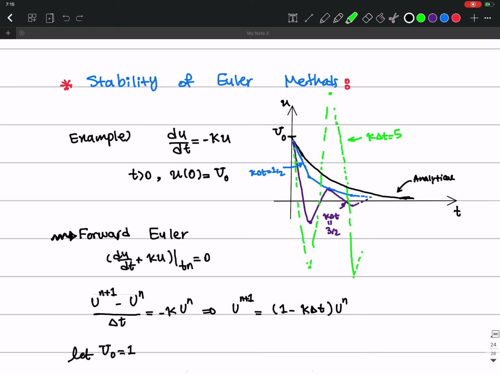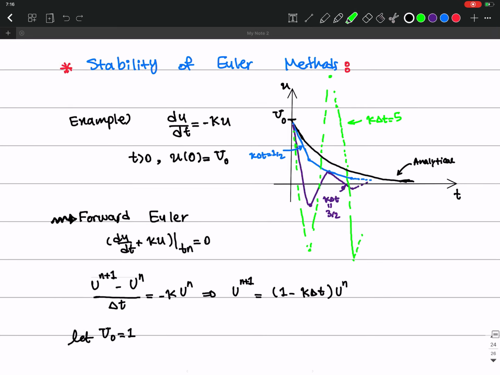Then we started talking about the stability of Euler methods. We started with a simple example to illustrate what it is. For example, for the forward Euler method, which is going to give us this for this example, we showed that depending on the kappa delta t, the time step that you choose, your numerical solutions might behave differently.